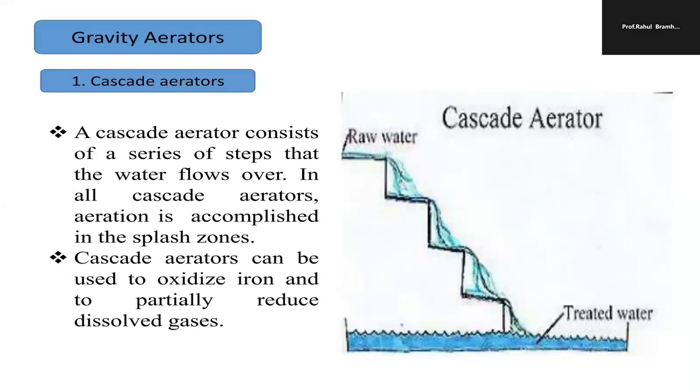The cascade aerator has a steps-like structure, and as the water flows over these steps, aeration is achieved: carbon dioxide is removed and oxygen is absorbed. So this is the cascade aerator.